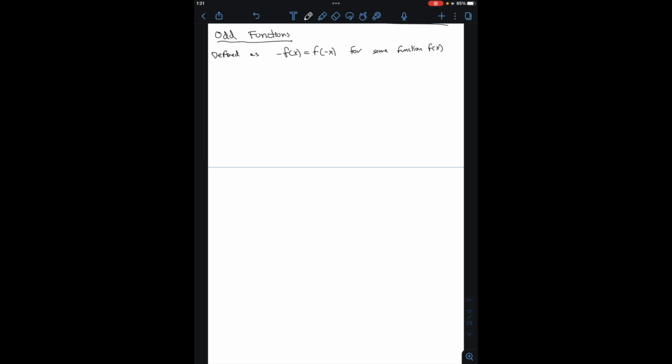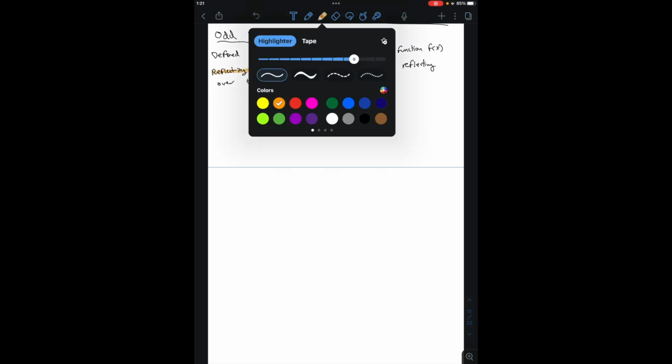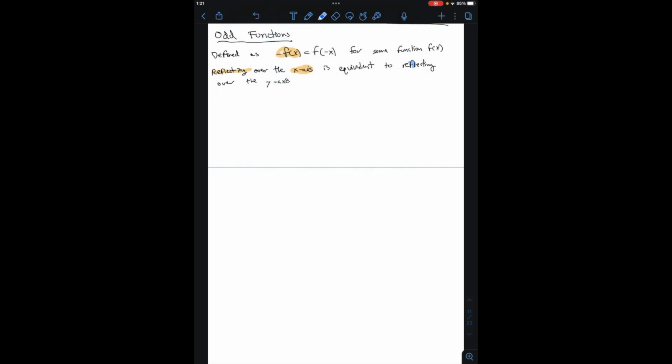What this implies is that reflecting over the x-axis, which is the same as negative f of x, is equivalent to reflecting over the y-axis, which is what happens with f of negative x.